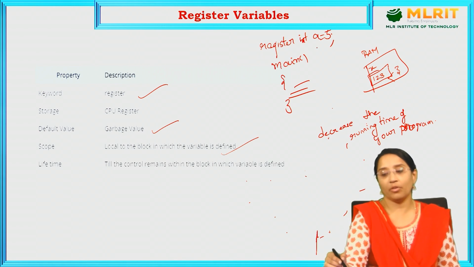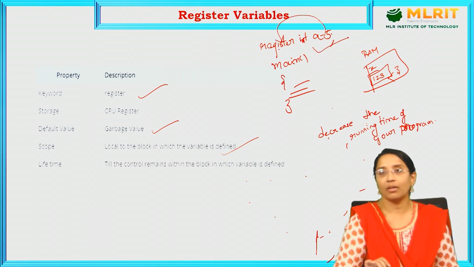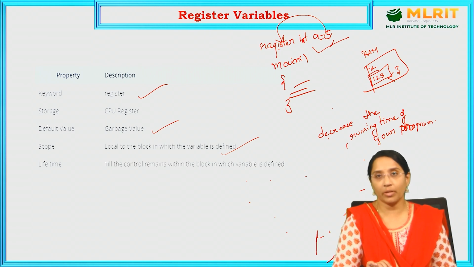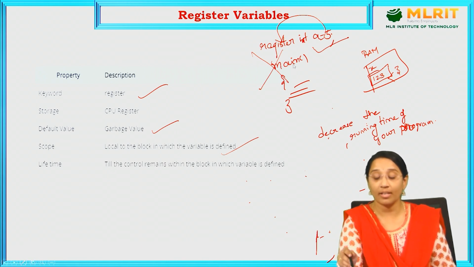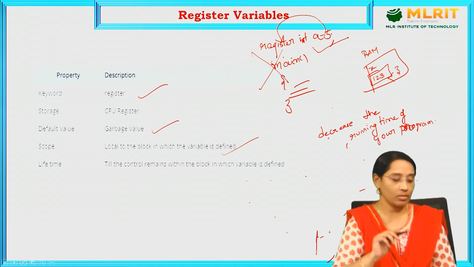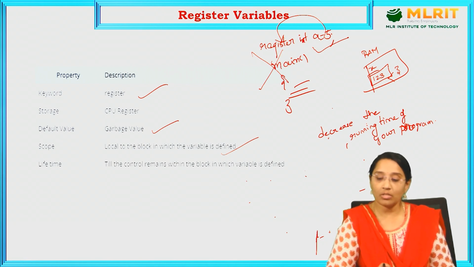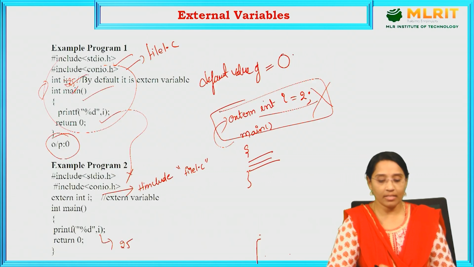Register int a equal to 5: a is a variable having the value 5, declared with the register storage class. But the mistake here is that the register storage class does not allow global declaration. Global declaration is not possible with the register storage class.